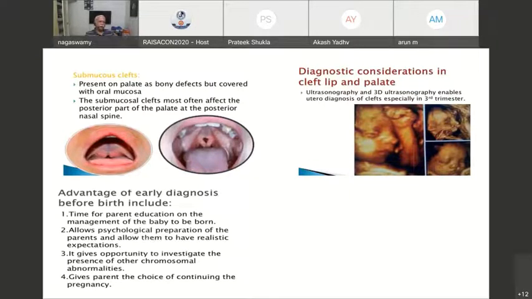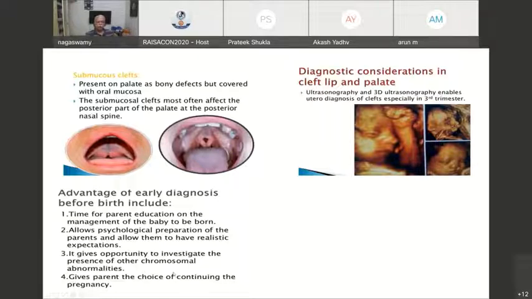So the advantages of early diagnosis include there is time for parent education on the management. It allows psychological preparation, so mother and relatives will not be taken by surprise that such a defective baby has been born. It gives opportunity to investigate for other chromosomal abnormalities. So you can do a lot of genetic work and give parents a choice of continuing the pregnancy or terminating.